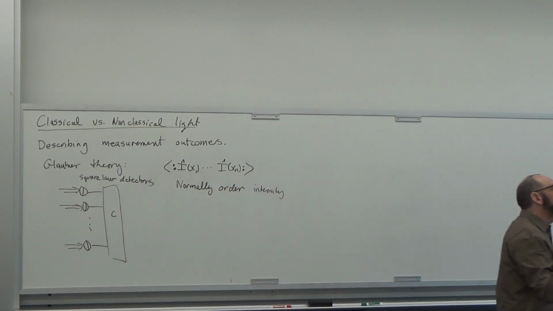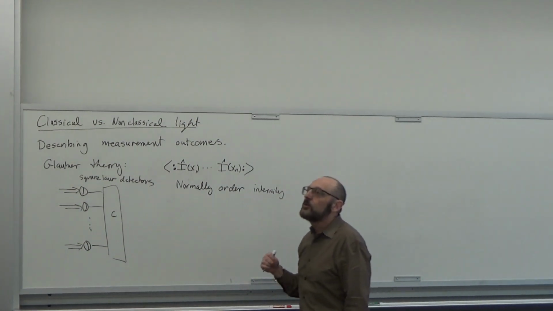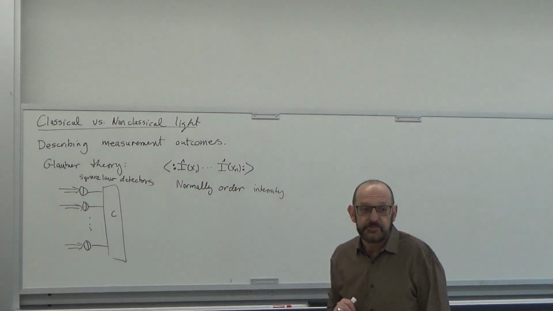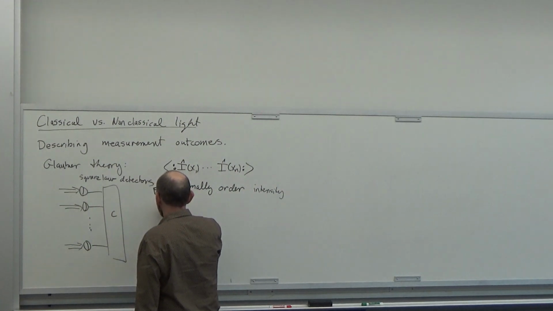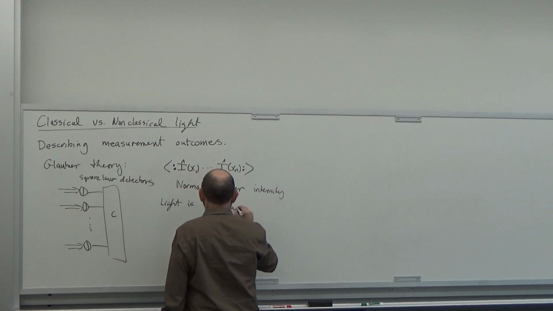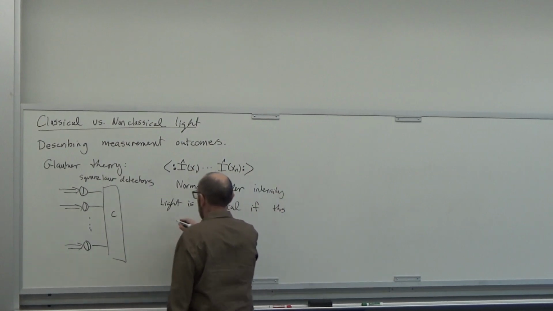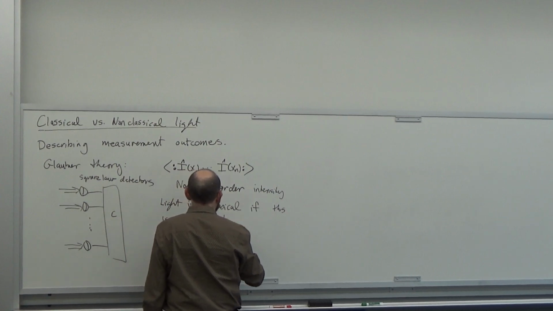So we would say the light was classical if these kinds of expectation values were describable in terms of classical averages over classical probability distributions, right? So we would say that the light is classical if this is described by classical statistics.